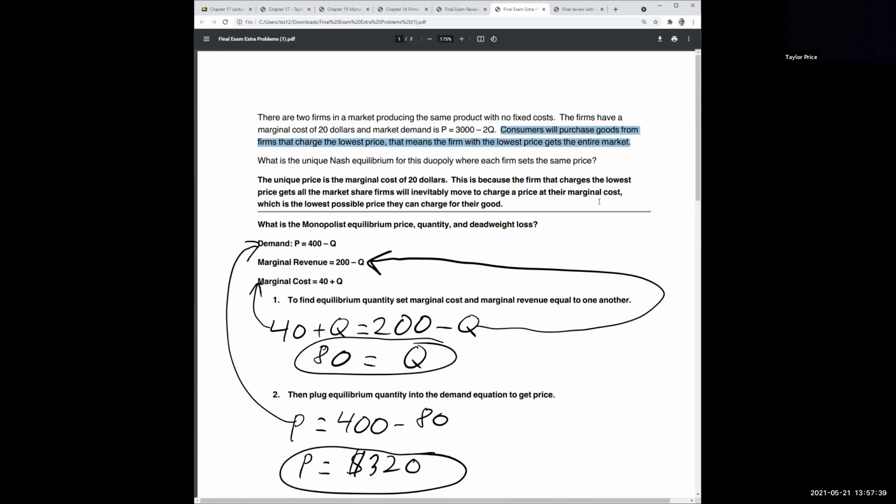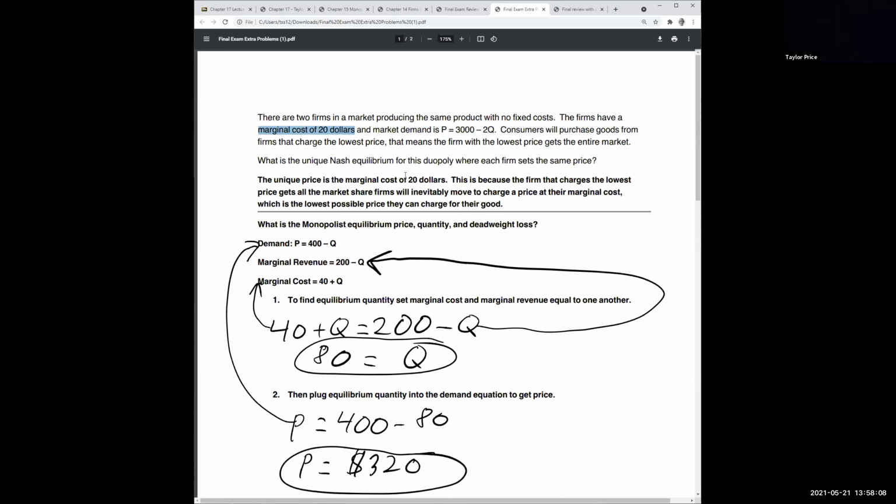So for this one, what you're given by the question is this piece right here. This is the important piece that you need to have top of mind when you are looking at a question like this. When it says the firm that charges the lowest price gets the entire market, and it tells you that marginal cost is $20, you know that the firm that charges its marginal cost of $20 is going to take the entire market.